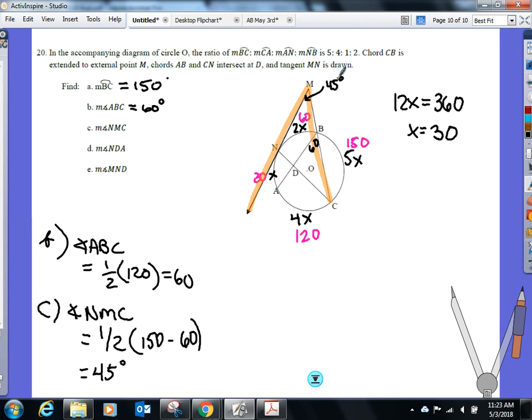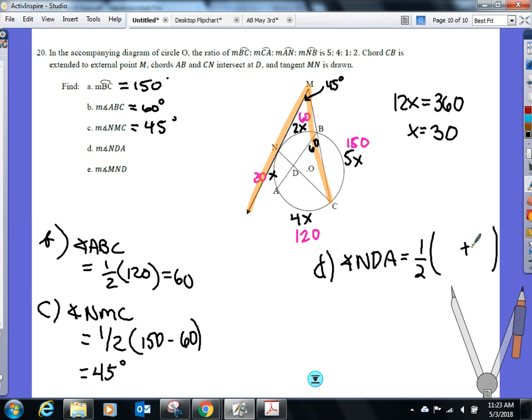Now to your topic here, Amy, angle NDA. Everyone locate NDA. Central, no. Inscribed, no. It's a floater angle, so half of, what do I do with those arcs? NDA belongs to what arc measure?